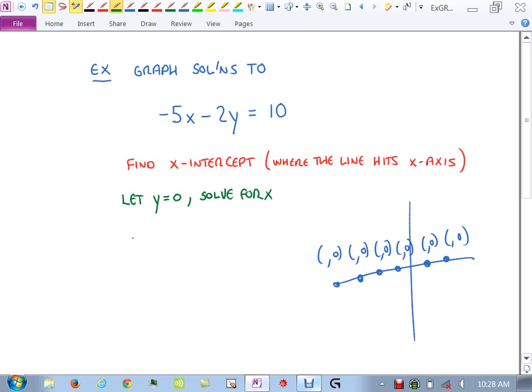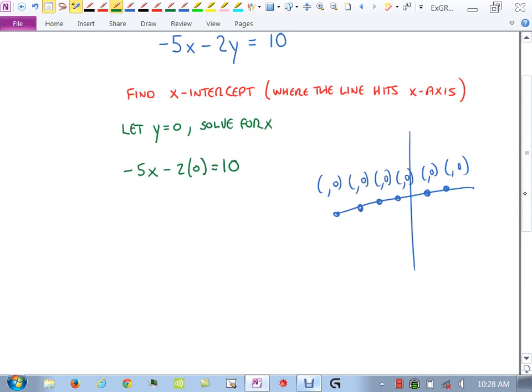So go up to that equation we just had, y equals negative 5x minus 2. Now I replace y with 0. What happens if I replace y with 0? It kills off that negative 2, doesn't it? And you get negative 5x equals 10. Can anybody tell me what type of equation that is?